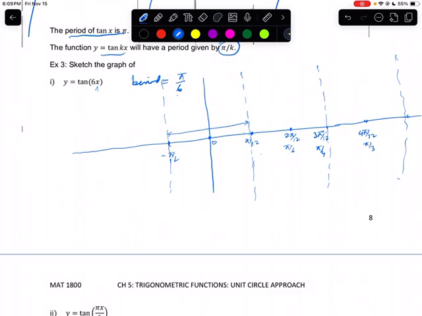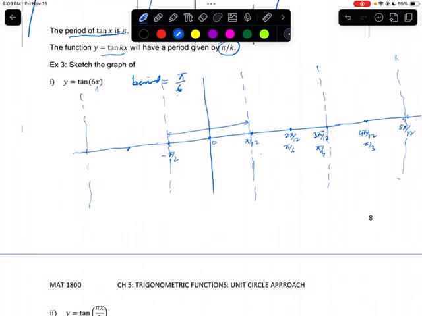And then next will be 5 pi over 12. You cannot simplify that, you will just leave it like that, and so on. And we can go in the negative direction the same way, down to negative pi over 2.